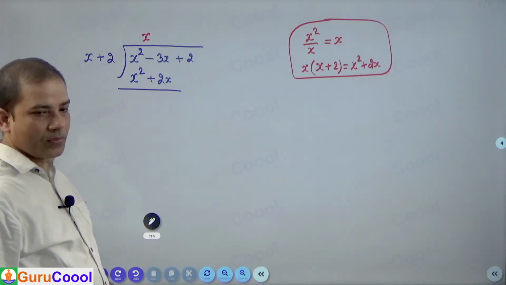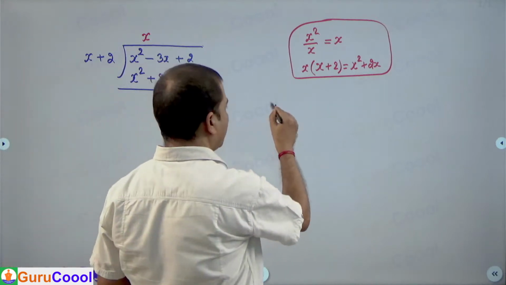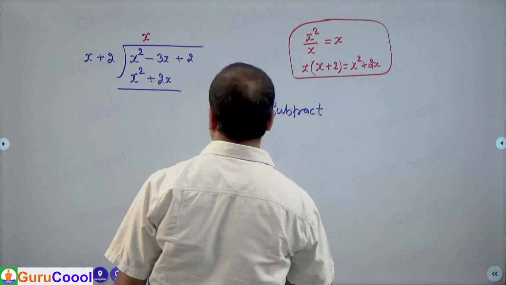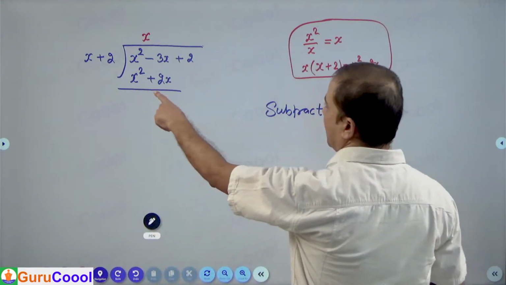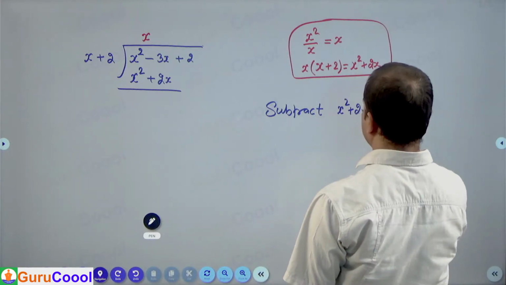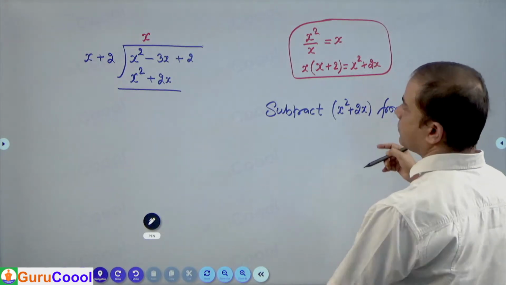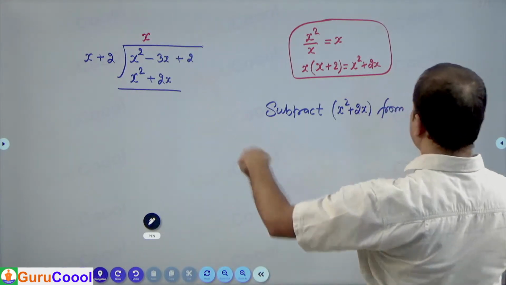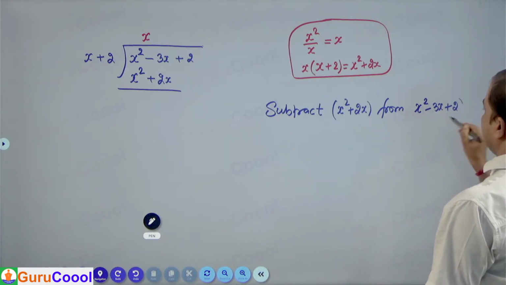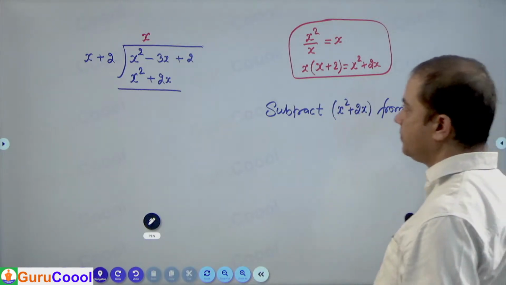How to subtract? Generally, if I tell you to subtract x square plus 2x from the first one, that is x square minus 3x plus 2, how will you subtract?